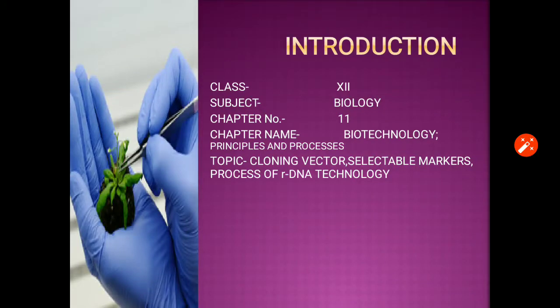Good morning, students. Today we'll take up lesson 11, part 2, and the topics that we will cover today are cloning vectors, selectable markers, and the process of recombinant DNA technology.